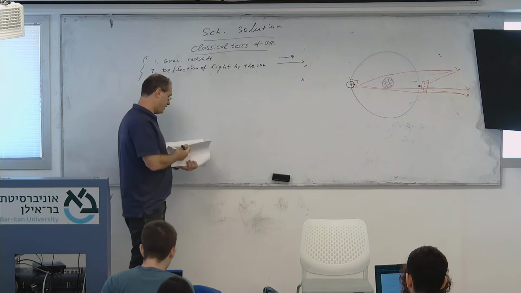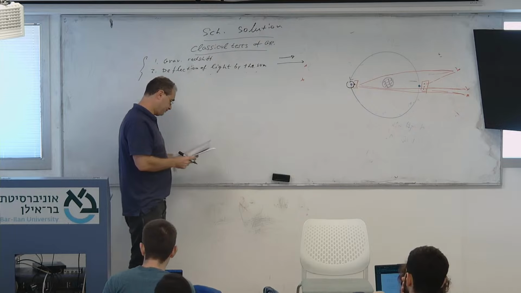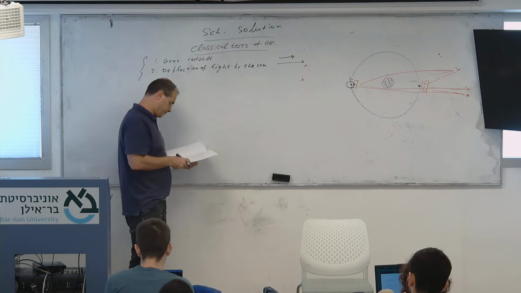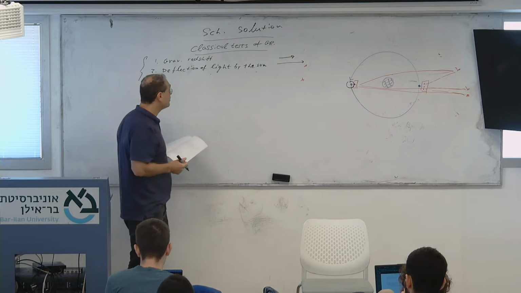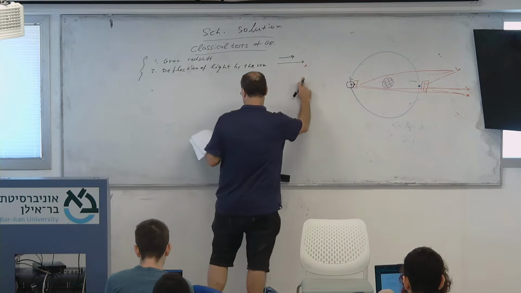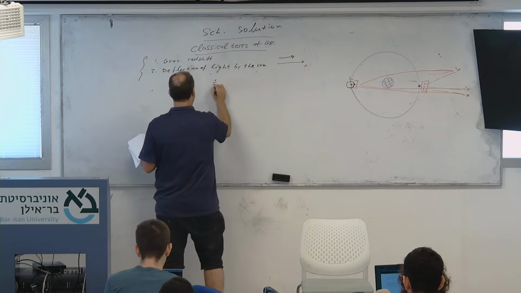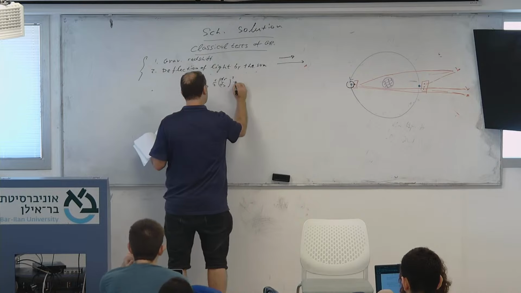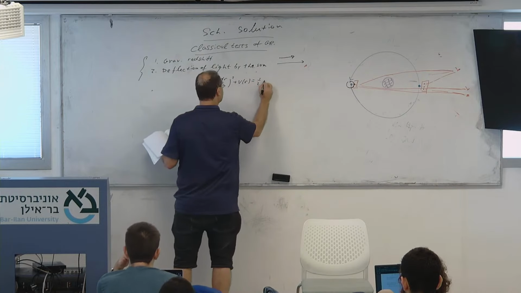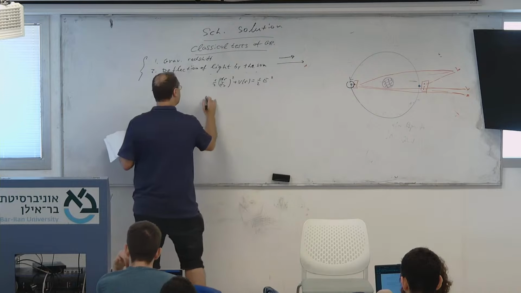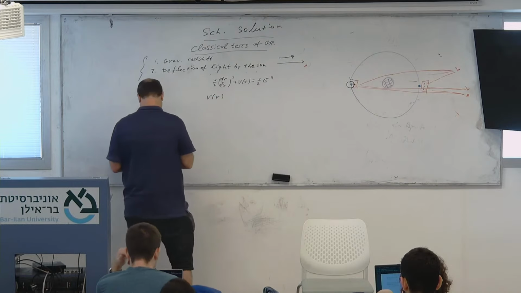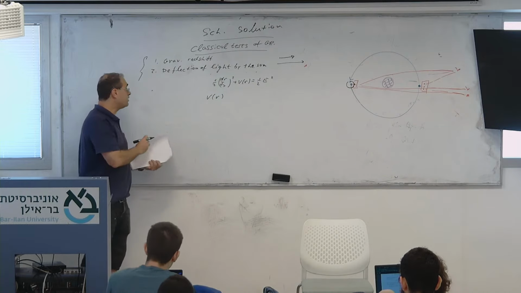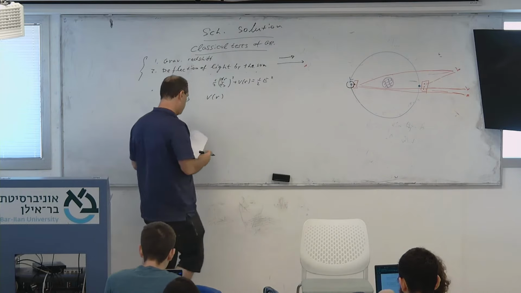So we have a light ray that approaches from infinity. And then, remember we had 1/2 (dr/dλ)² plus V(r) is equal to 1/2 E². For a light ray, epsilon is equal to 0.